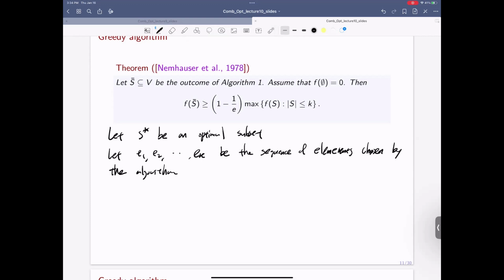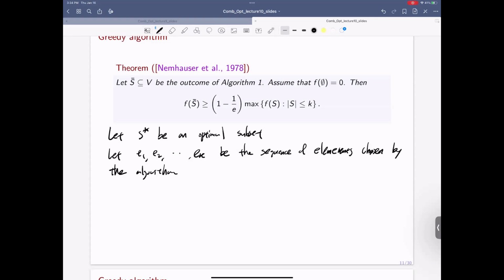So e1 achieves the maximum marginal return, and then, given your set is the singleton e1, e2 is the one maximizing the marginal return. And you have the subset of two elements, e1 and e2. e3 is the one maximizing the marginal return, and so forth. This is the sequence of items you choose.